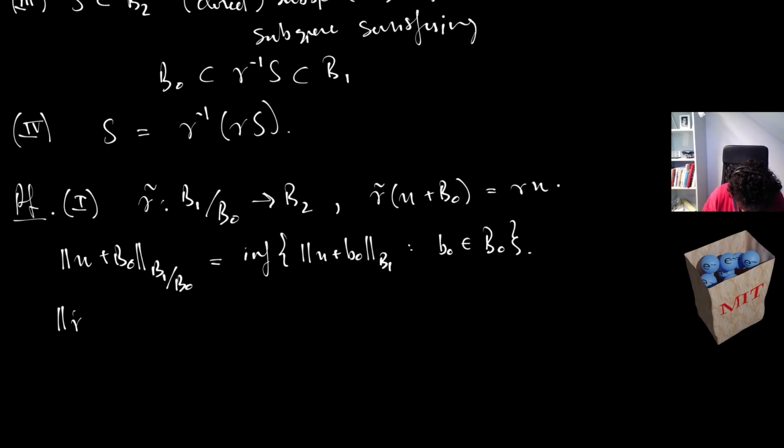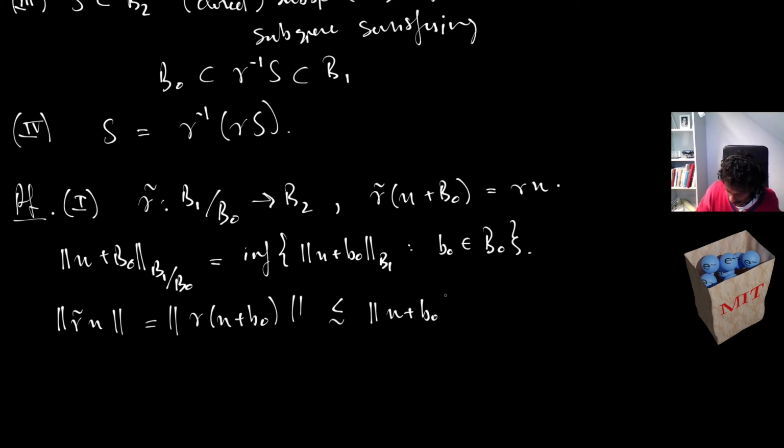So gamma of u, this is going to be the same thing if I write gamma of u plus some b naught, because the b naught is in the kernel of gamma. Remember, this space, capital B naught, is the kernel of the gamma. And obviously, this is a bounded surjection, so this is going to be bounded against some constant as follows.